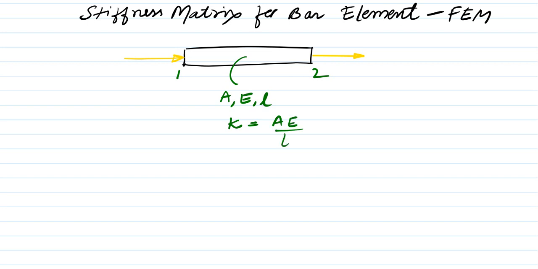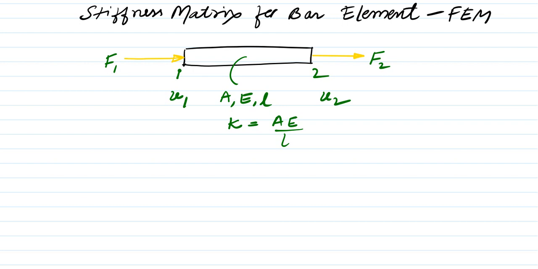Now the forces applied are F1 and F2 at nodes 1 and 2. Due to this loading, displacements are produced at node 1 and node 2. At node 1 the displacement will be U1, and at node 2 the displacement will be U2, from their initial position.